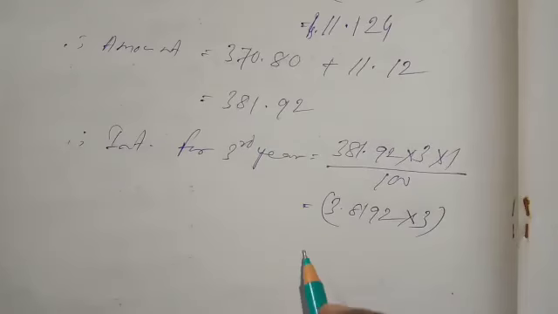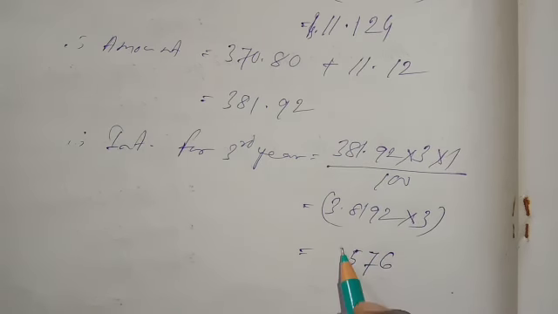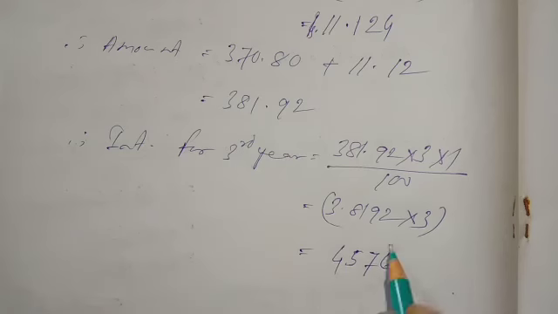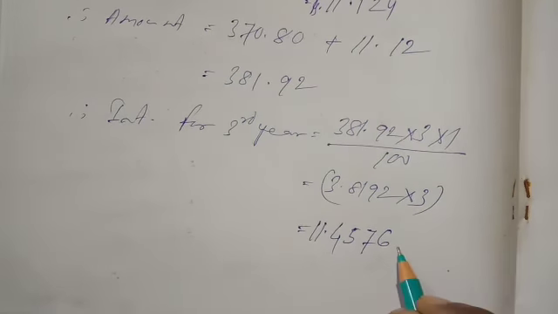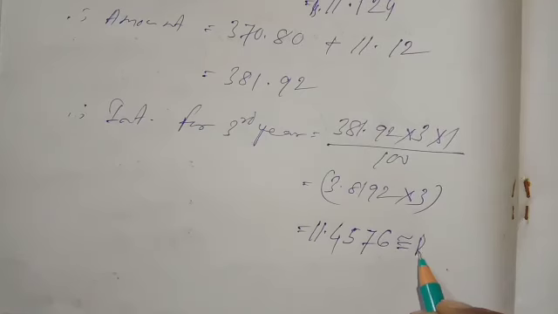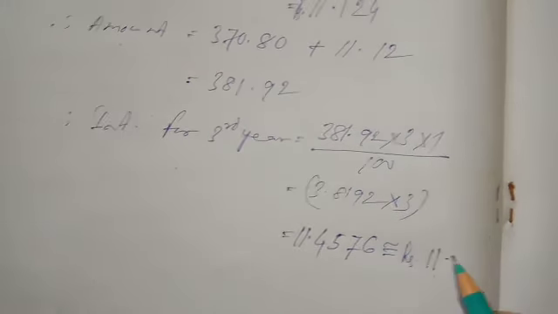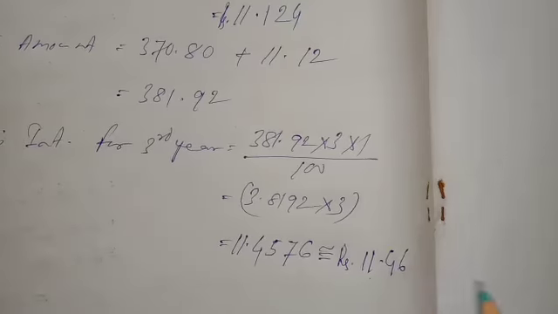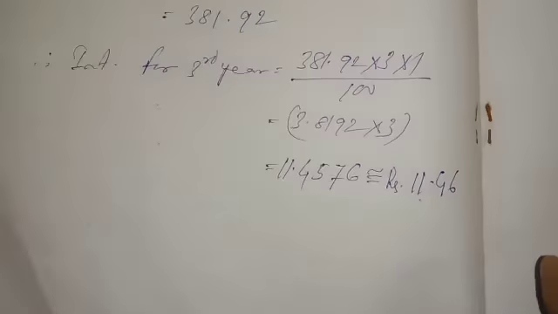Just multiply 3 here. 3 2s are 6, 3 9s are 27, 3 1s are 3 plus 2 is 5, 3 8s are 24, 11.45. That means this is approximately rupees 11 rupees 46 paise. Okay, this is the interest for third year.